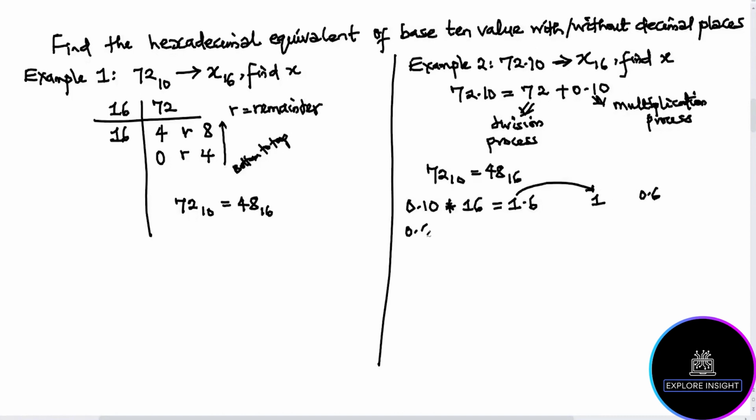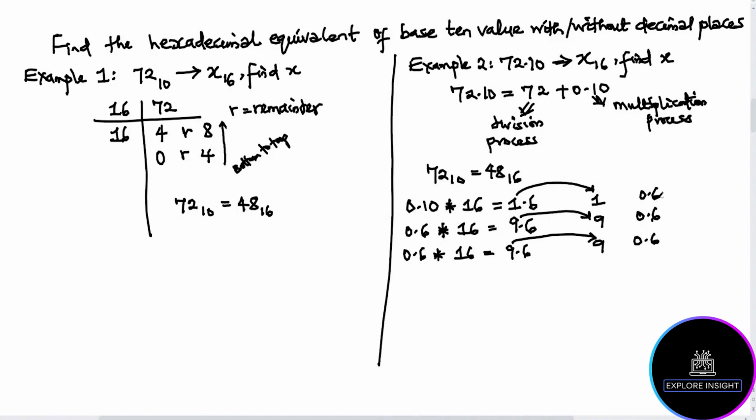Now 0.6 times 16 will give us 9.6. Move the 9 over here, it will give us 9. 9.6 minus 9 will be 0.6. We'll go again, 0.6 multiplied by 16 will still give us 9.6. We'll take the 9 over here, and we'll have 9 and 0.6.